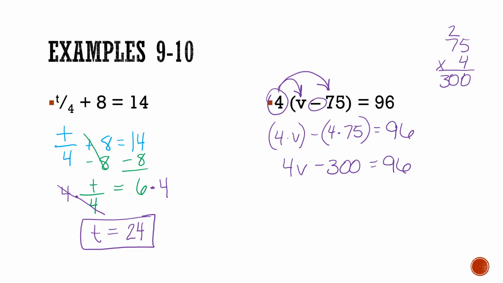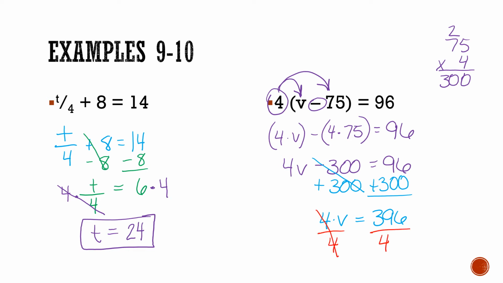So to get 4v by itself, we're going to add 300. Again, we're doing the backwards process of PEMDAS. And then we're going to add 300 to 96, which gives us 396 equals 4v. Remember that 4v is meaning 4 times v. So we're going to divide by 4 and divide by 4.